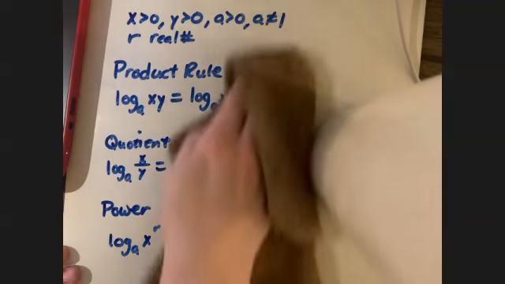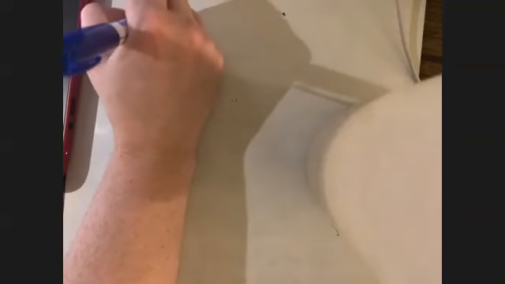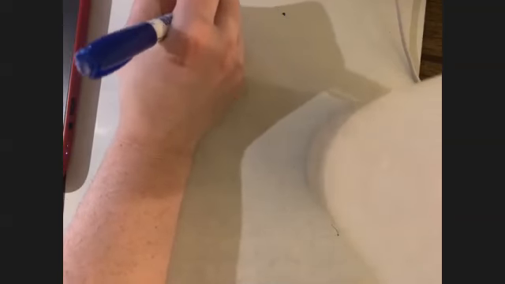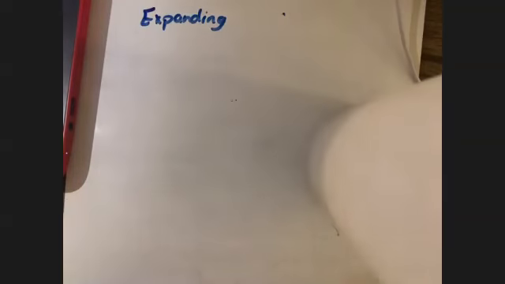So, now then, the first thing that we're going to look at, okay, is what's called expanding, okay? Now, we're going to start with kind of some simple ones just for each rule on their own, and then we're going to look at it in kind of one of the bigger setups.